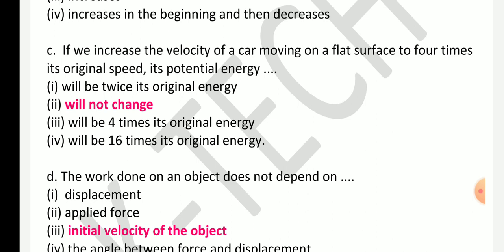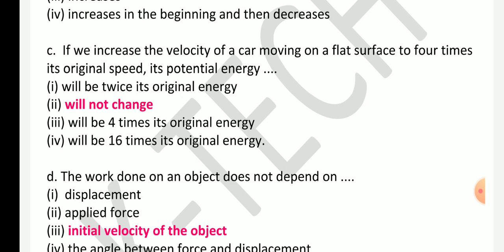Next, if we increase the velocity of a car moving on a flat surface to 4 times its original speed, its potential energy dash. Options are will be twice its original energy, will not change, will be 4 times its original energy, or will be 16 times its original energy.